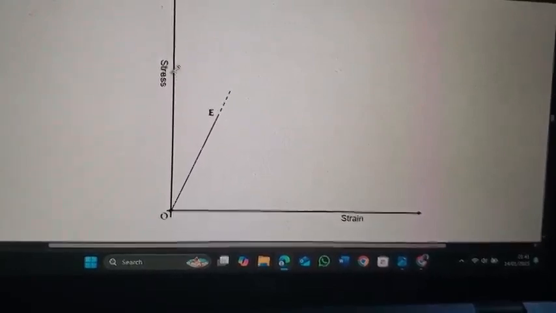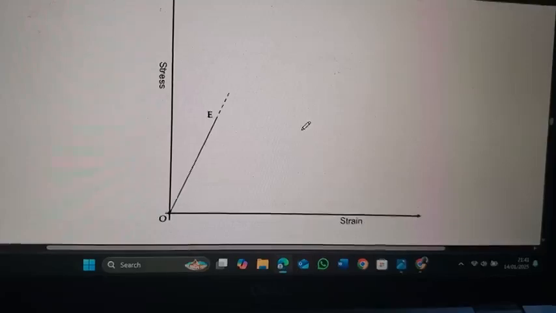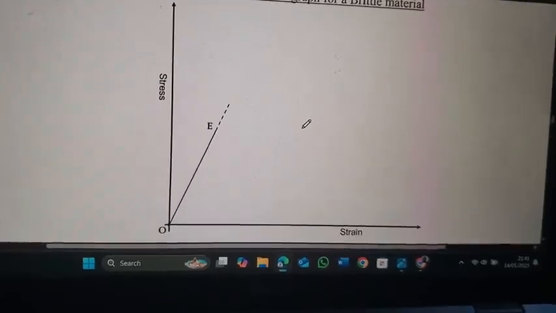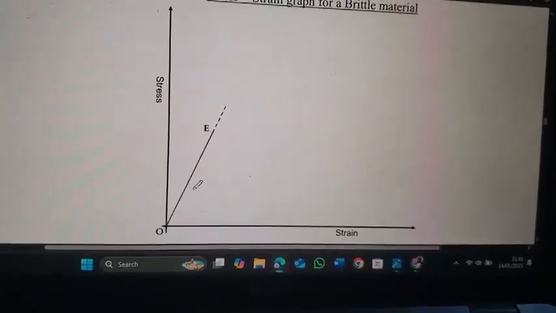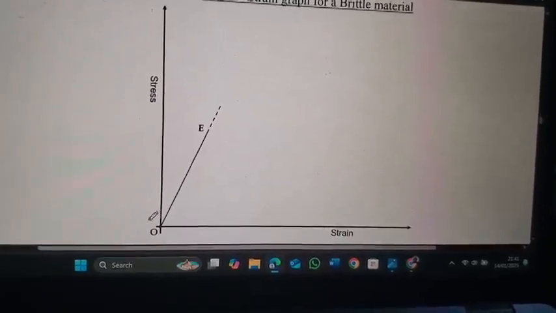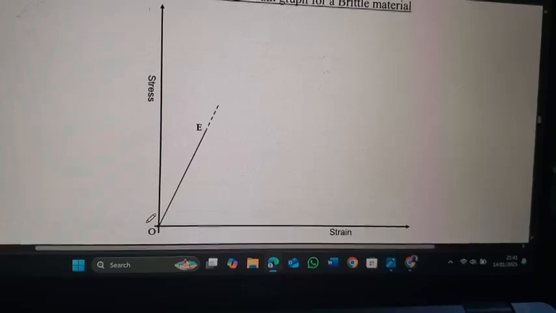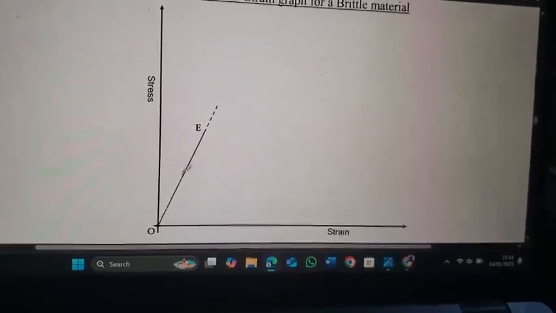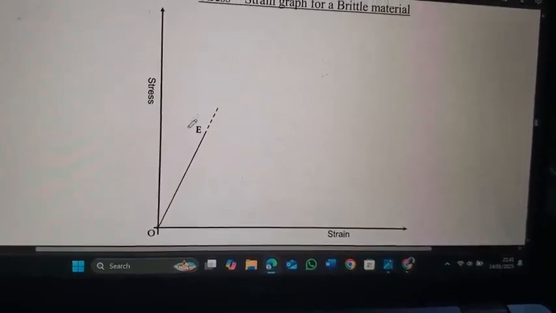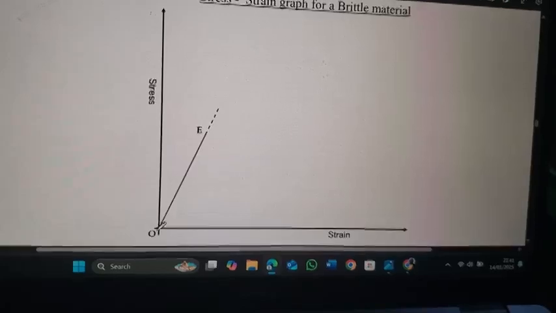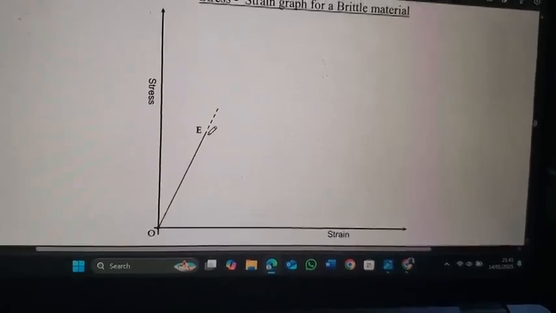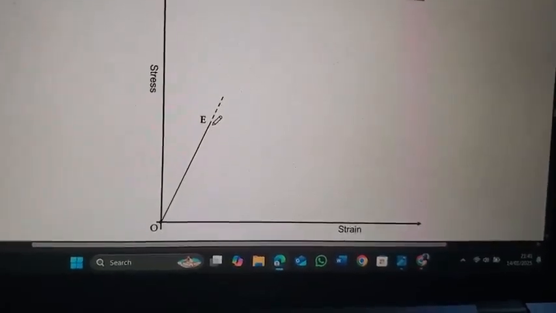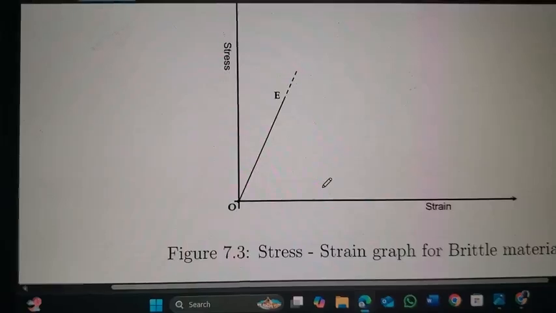So if you are to see a graph of stress against strain of a brittle material, which for example can be a chalk or a piece of glass, when you apply a force of tension on a glass or on a chalk, the chalk does not increase in length, but immediately it breaks. So it goes through a very small elastic extension, and then finally it breaks.